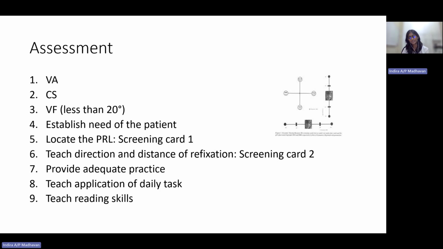First of all, you have to know that when we train patients with eccentric viewing training, most of the patients would have actually habitually adapted to eccentric viewing already. Why?